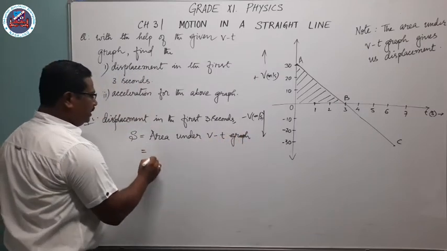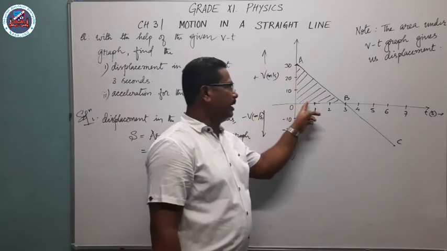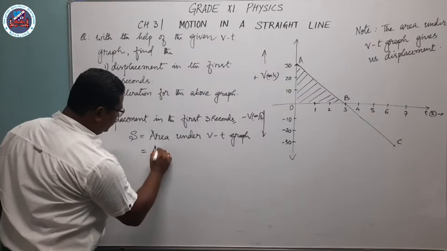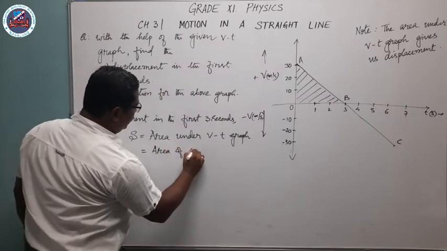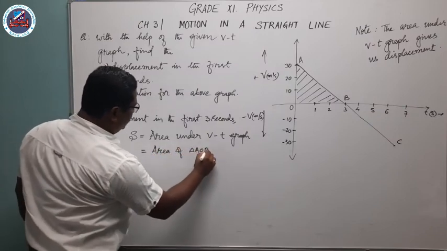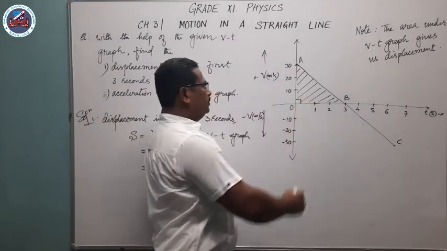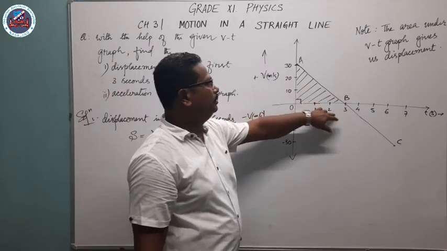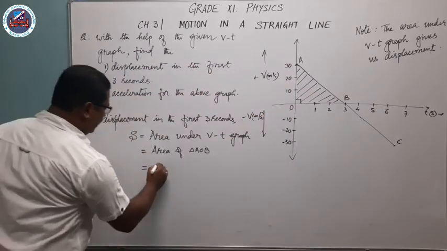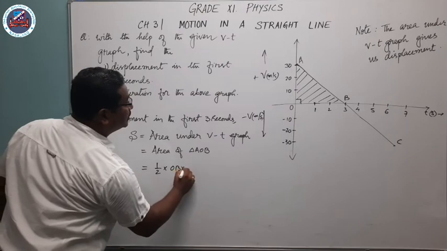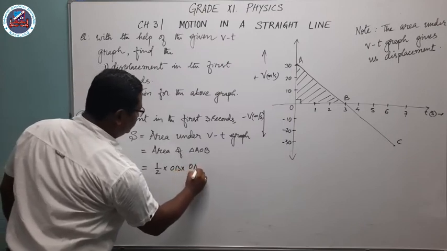Now to find the area, you can see very clearly it is a triangle AOB. So you have to find the area of triangle AOB, and as it is a right angle triangle, you can see here it is 90 degrees, we will use the formula half into base into height. Half into base, that is OB, and height is OA.